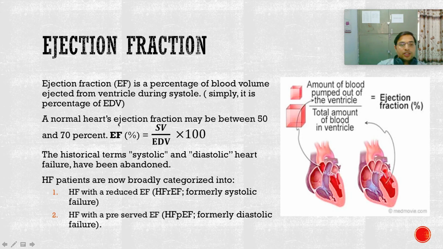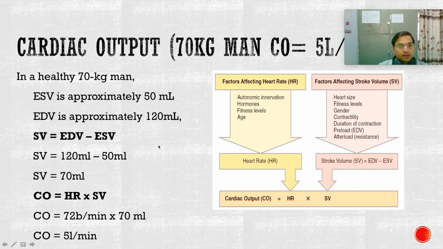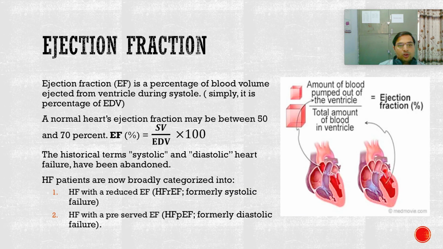So ejection fraction is calculated by dividing stroke volume by end diastolic volume, right? If, let us say, the end diastolic volume is 120 ml, as we were seeing in the last slide, and stroke volume is, let us say, 70, right? So 70 divided by 120 multiplied by 100.